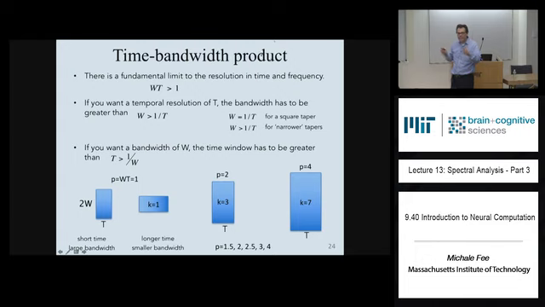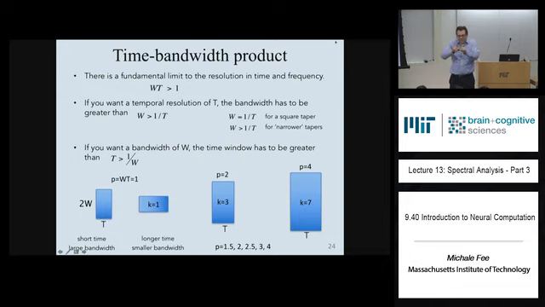So if you really care about temporal resolution and frequency resolution, you want that box that's smearing out your spectrogram to be as small as possible. Small as possible means it has an area of 1. That's the minimum area you can have. But that only gives you 1 taper.